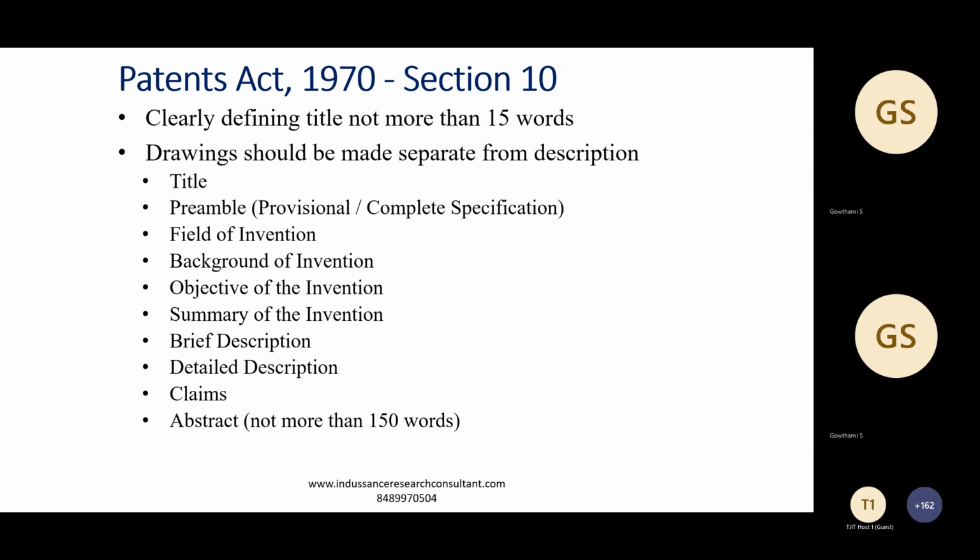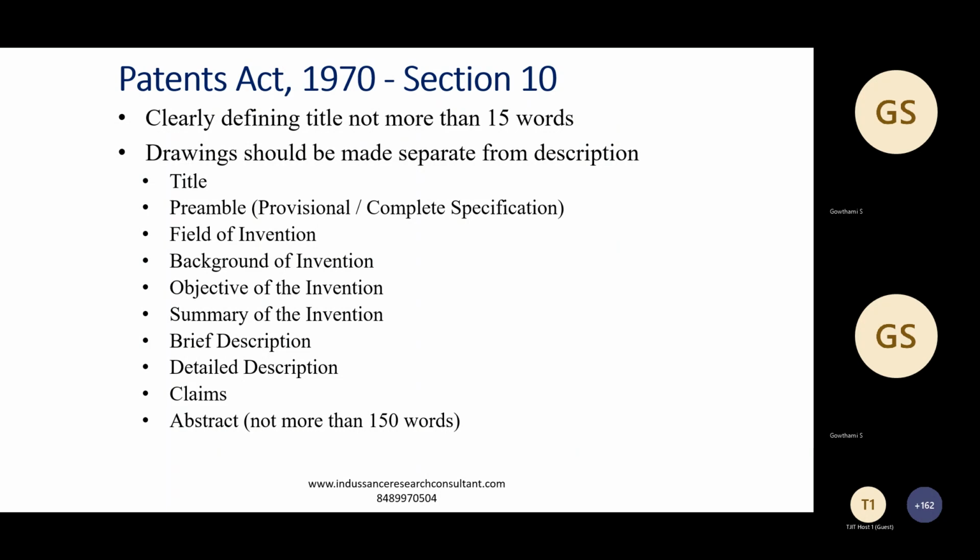This column is meant just to give the title: figure 1 illustrates this, figure 2 illustrates such and such drawing, figure 3 illustrates the graph, something like that. That will come under the brief description part of the patent document.